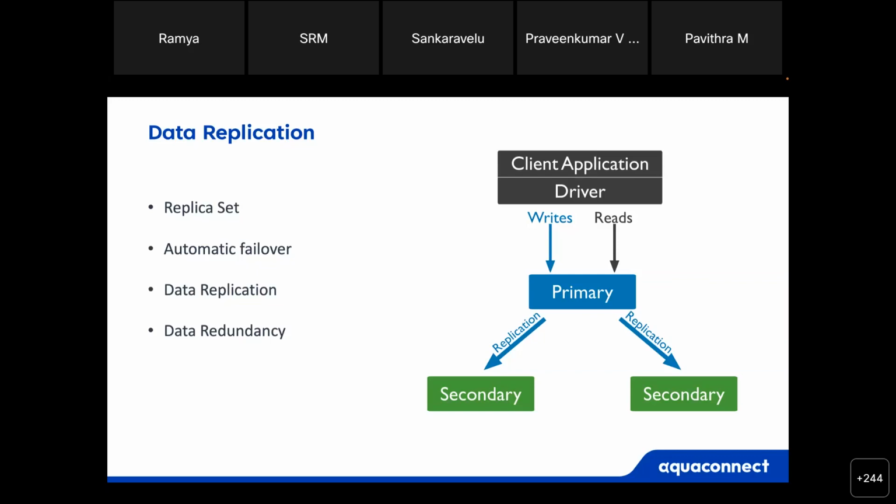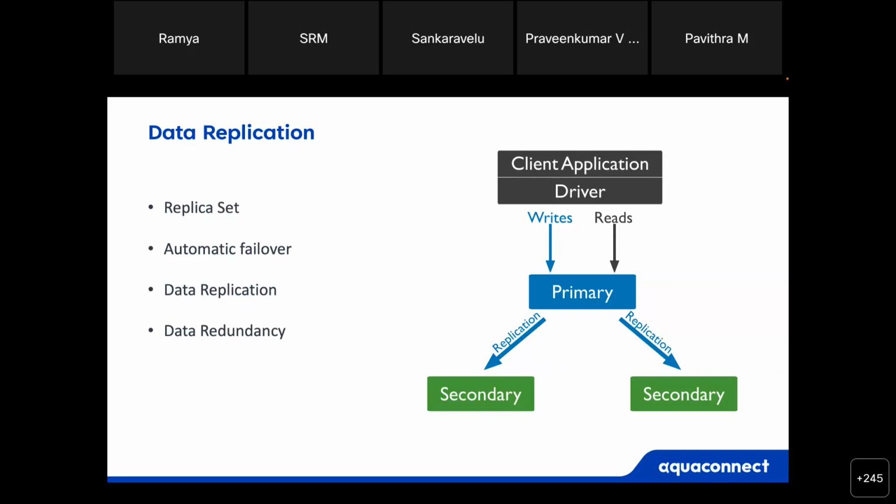Okay, data redundancy: if one server goes down, then the other server has the same data. That's why they say the data is highly available, or the database gives high availability. This is called data replication. Is it clear?